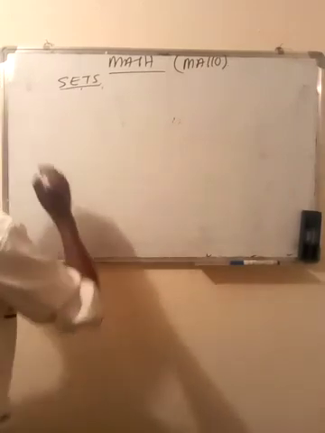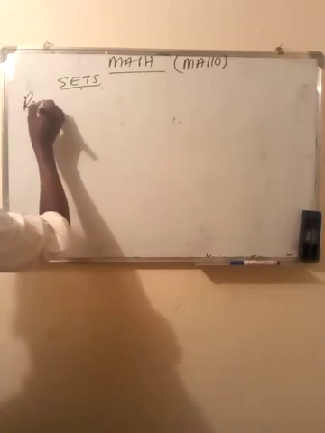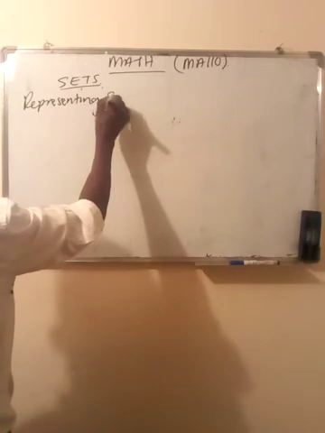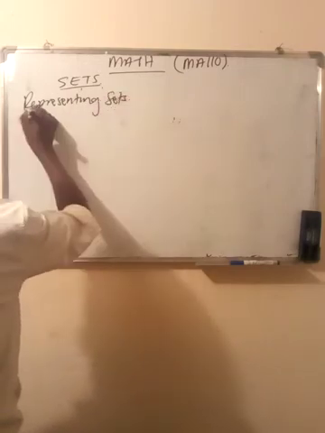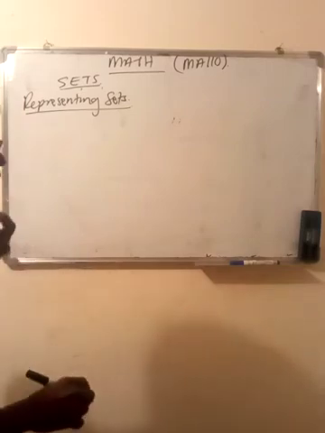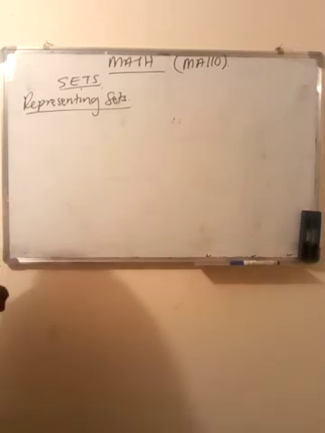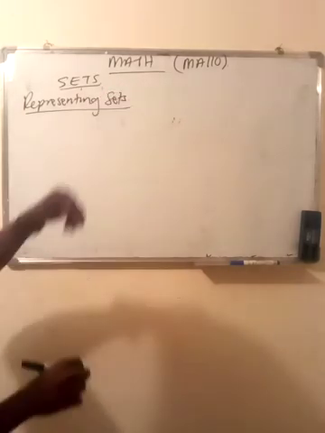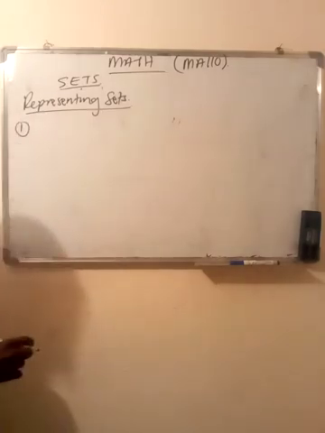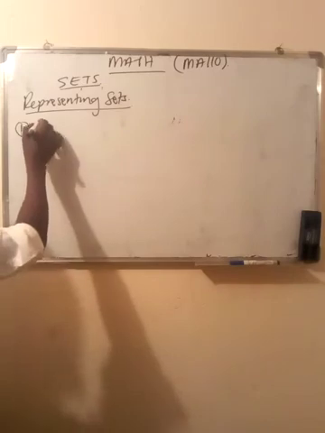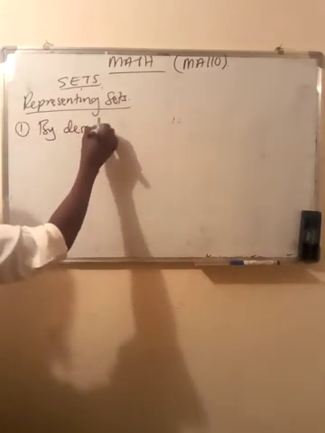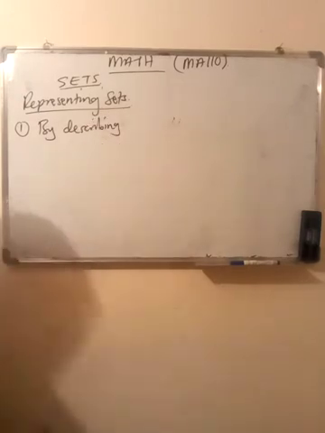How do we represent sets? Number one, we represent sets by describing. Let's say, for example, we have set A, which is 1, 2, 3, and 4.